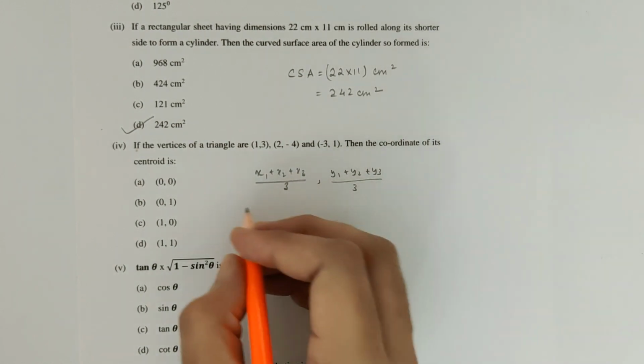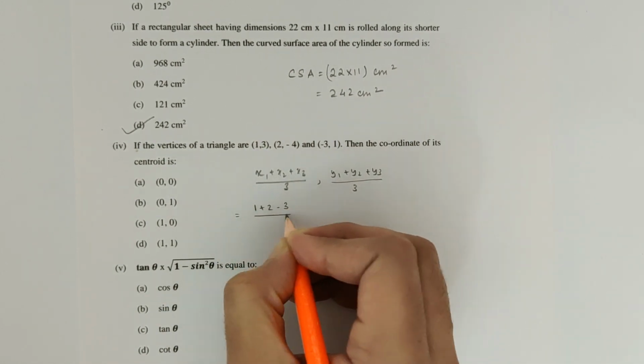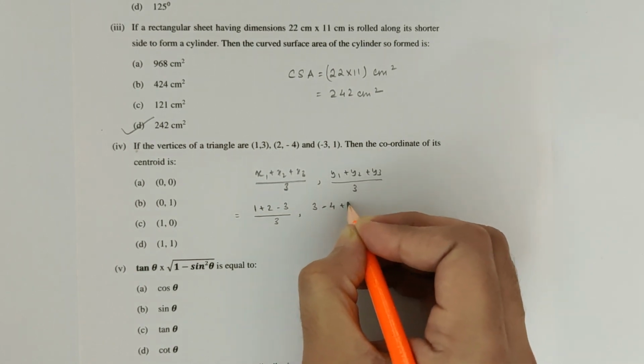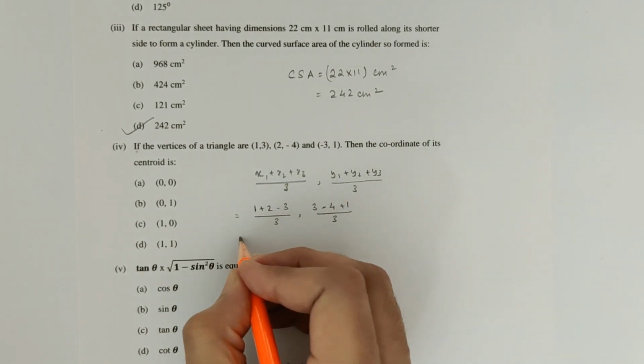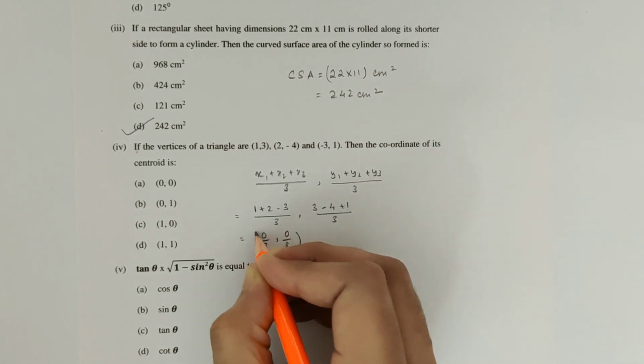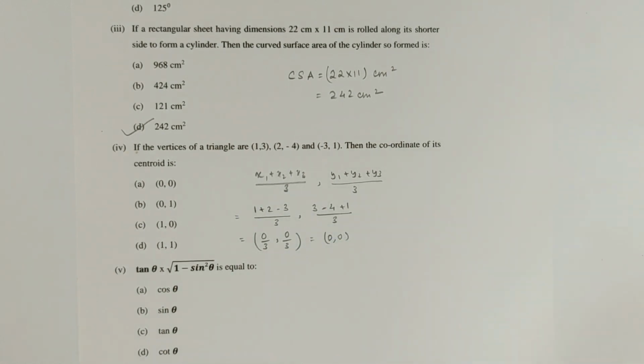So let's calculate it. We have (1 + 2 - 3)/3 and (3 - 4 + 1)/3. So we have 0/3, 0/3. Hence the centroid is (0, 0). So option A, (0, 0) is correct.